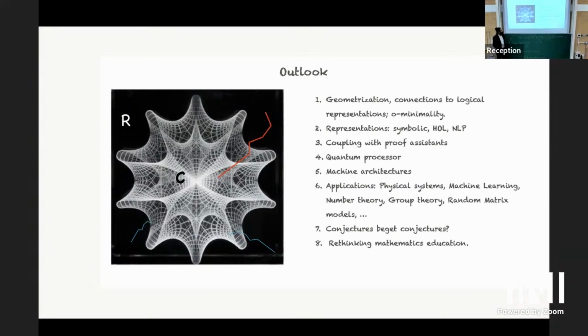There are interesting connections to logical representations, and one can study simpler things like Boolean functions as test cases of this. I've mentioned briefly what the connection to O-minimality might be, but it is facilitated through definable sets. So one is always tempted to consider other representations.